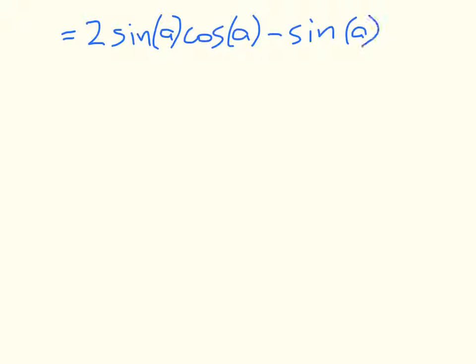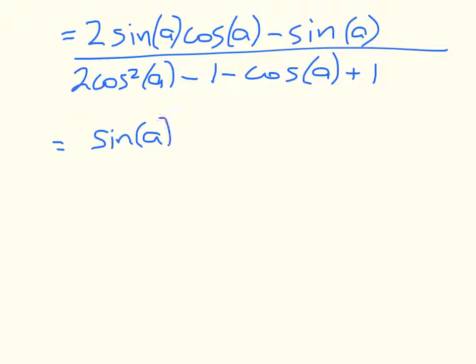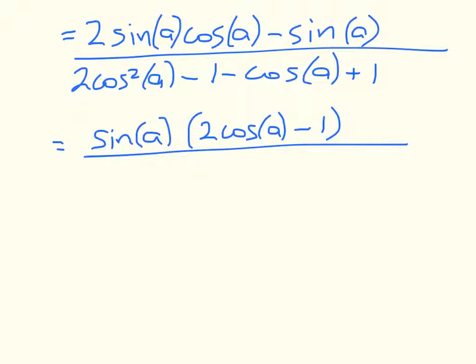Right, so this is where we were up to. 2 sine a cos a minus sine of a over 2 cos squared of a minus 1 minus cos of a plus 1. I can do 2 things here. I can factorise the numerator with sine of a times 2 cos of a minus 1, and in the denominator, minus 1 and the plus 1 have added to 0.